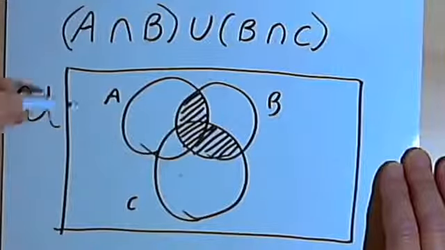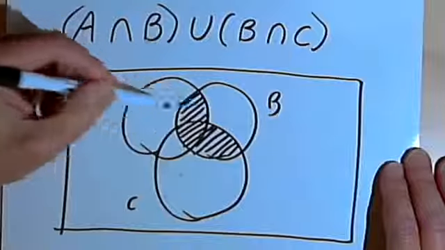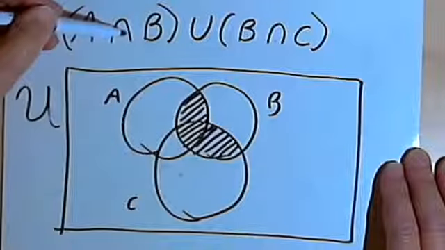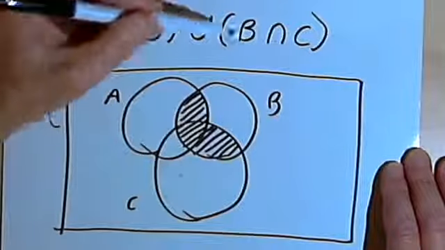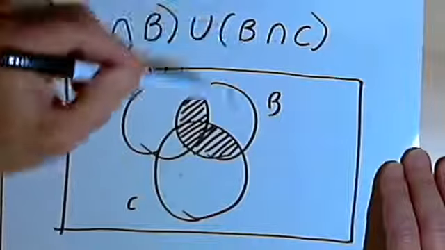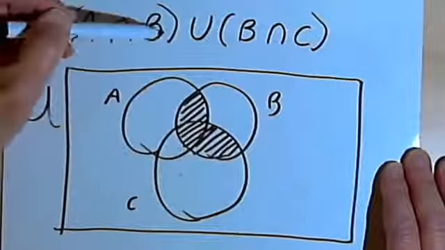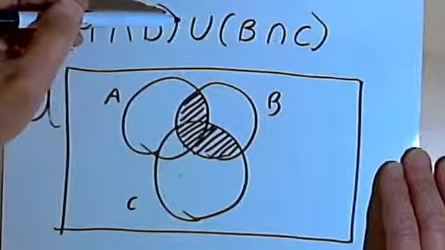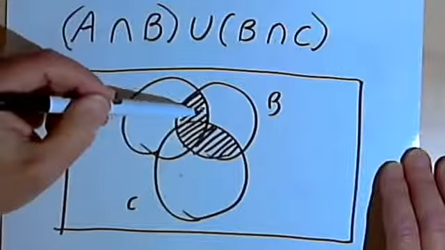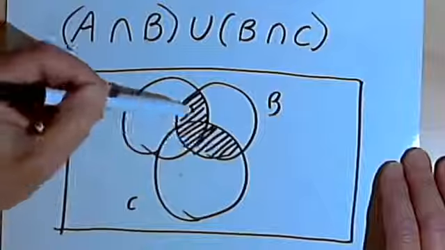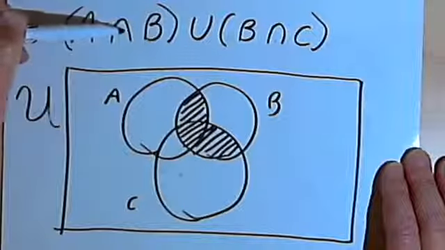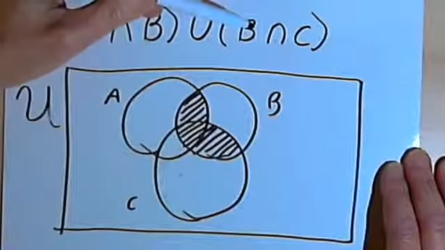Okay, so what I've got is every A and B overlap, the intersection of A and B, as well as every place where B and C overlap, the intersection of B and C, and since it's the union of those two overlapping areas, I'm going to include anything which I've shaded from the first intersection as well as the second intersection.